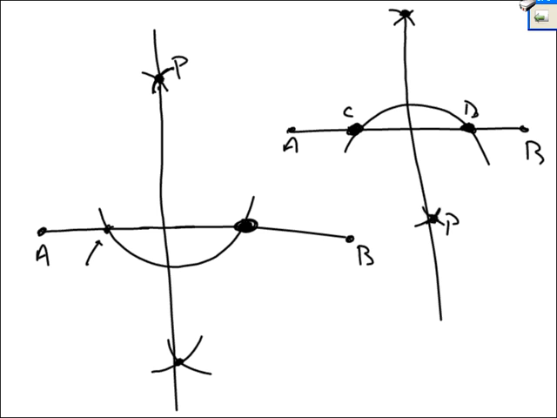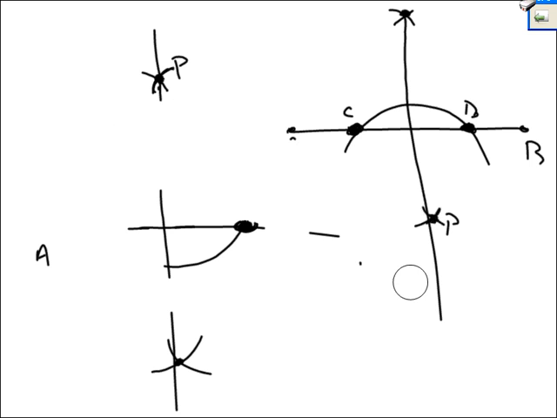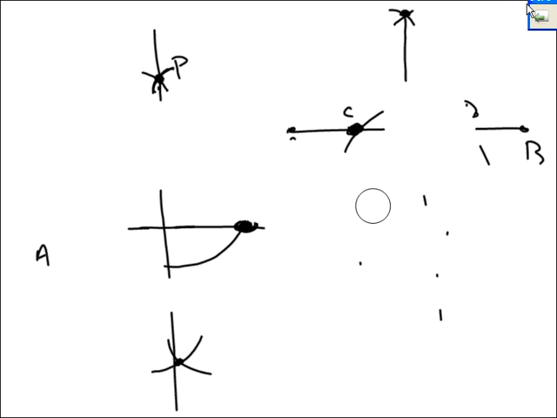That's the game now. Given a line, you want to draw a line parallel to it. So you're given this line, you want to draw a line parallel to it.